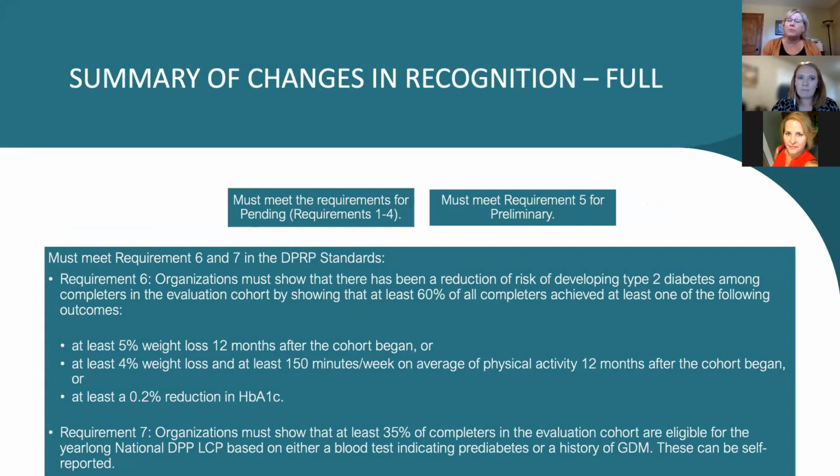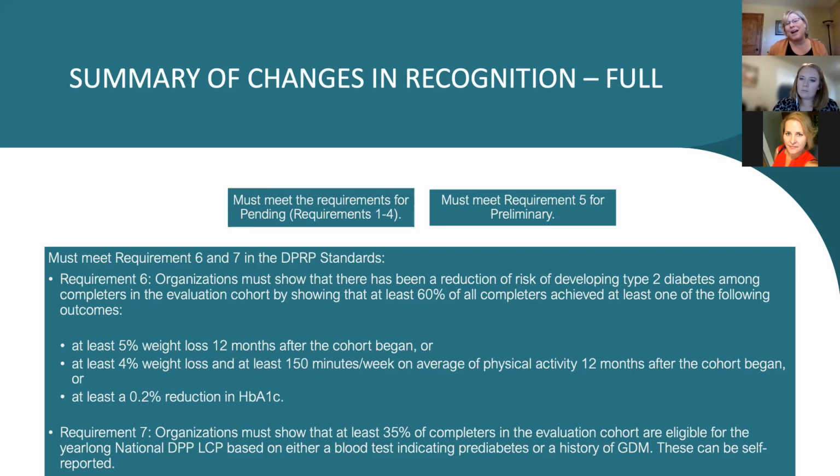So after meeting the requirements for pending and preliminary, an organization may obtain full recognition by meeting an additional 2 requirements, requirement 6 and requirement 7. And there's now 3 ways to meet requirement 6. You can either have at least a 5% weight loss average of your eligible participants. This is what we've had in the past, or at least a 4% weight loss average and 150-minute a week physical activity average.